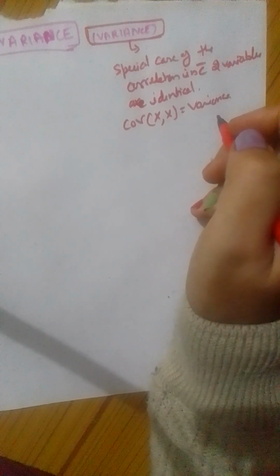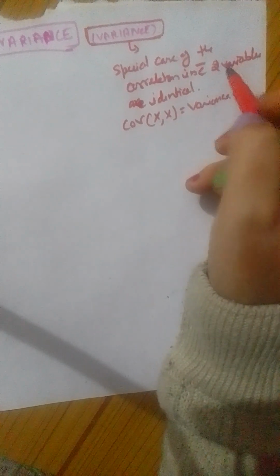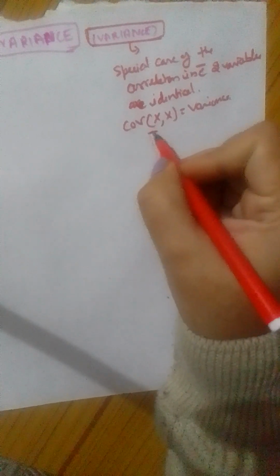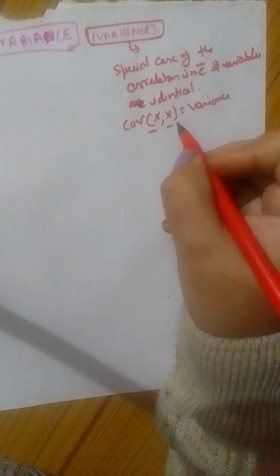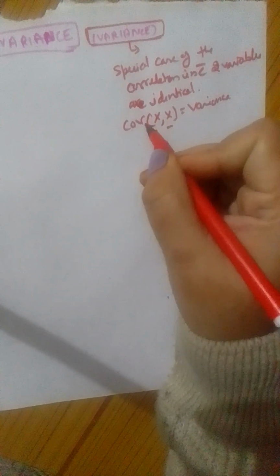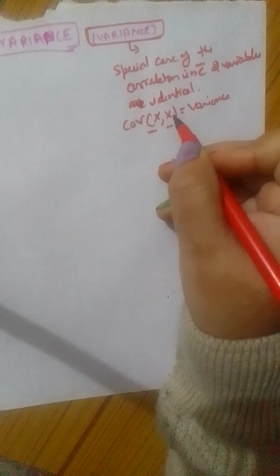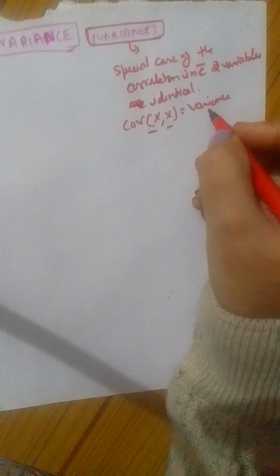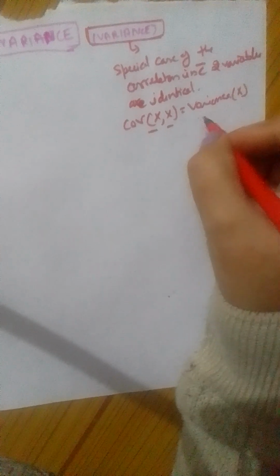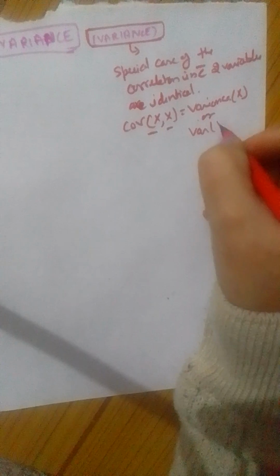So what is variance? It is a special case of the correlation in which two variables are identical. So what are the two variables? X is one variable and x is also one variable, and they are identical. As you can see here, x is identical, x is identical. So if they are identical, we can write it like this: variance of x, or VAR x.